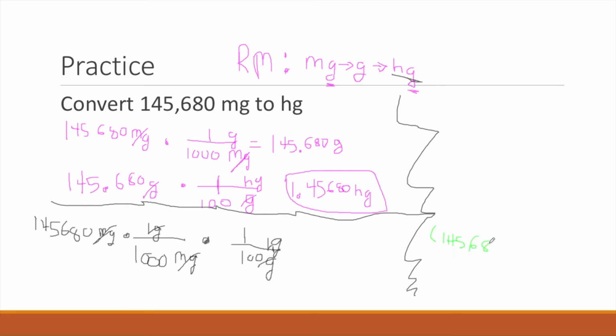145,680 times 1 times 1, end parentheses. Then you're going to hit your division button. And then you would add in parentheses 1,000 times 100.